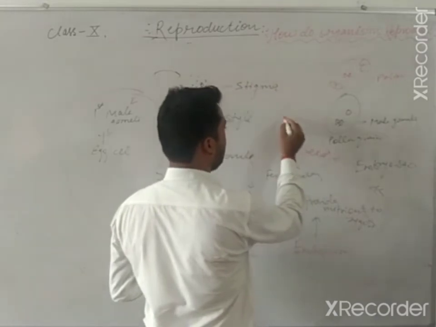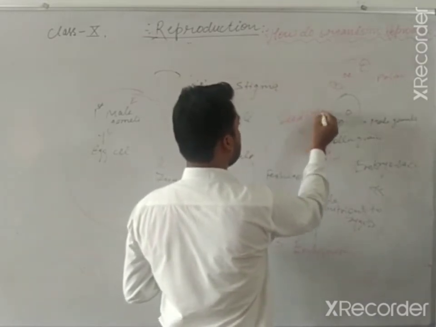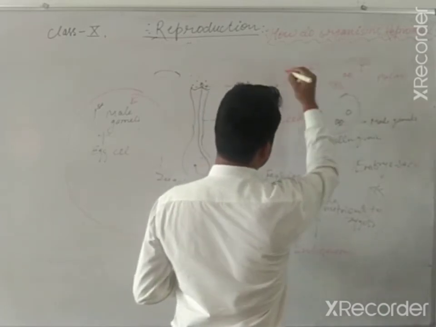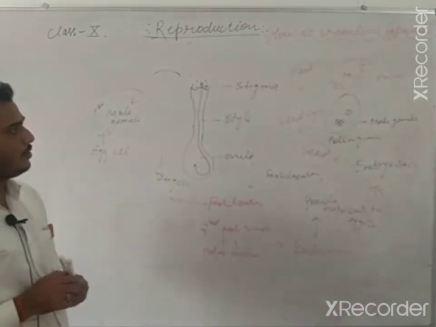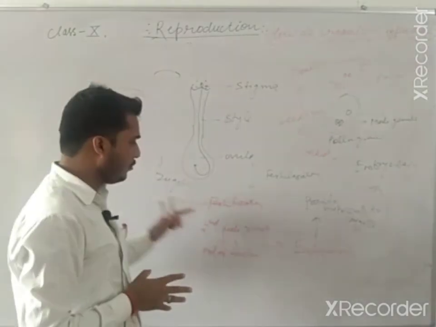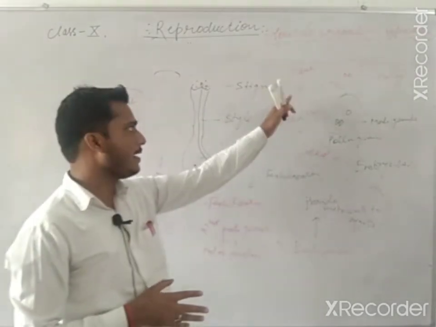The seed develops into the seedling. The seedling is further transformed into the plant. So this is the process of fertilization from zygote to endosperm, and in the end, the plant is grown.